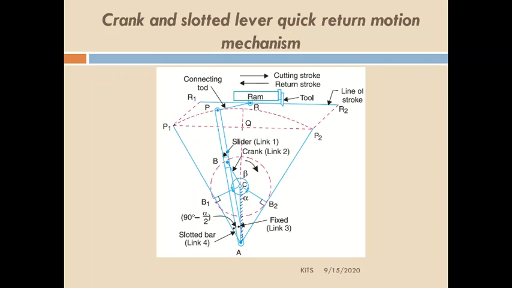Okay, so the forward stroke should be slower, so the cutting process will be very smooth and it can remove more materials and it will not affect the cutting tool. Also, it will not damage the surface of the object. So the forward stroke should be slower than the return stroke, or cutting stroke should be slower than the return stroke.